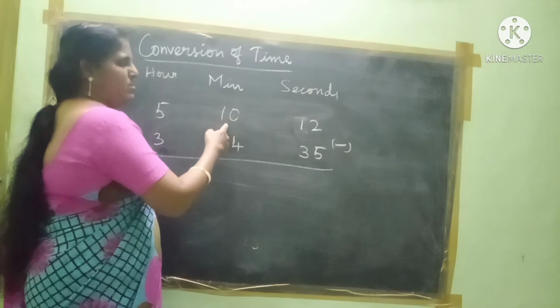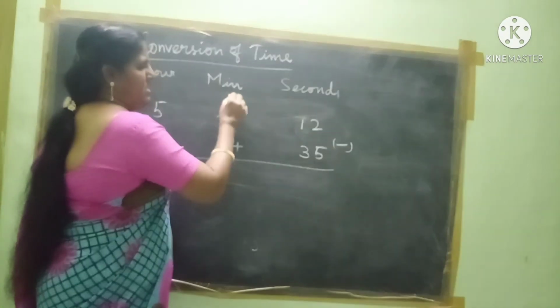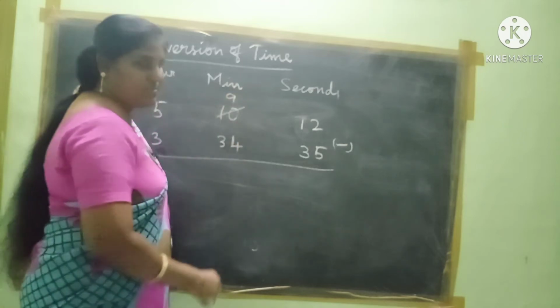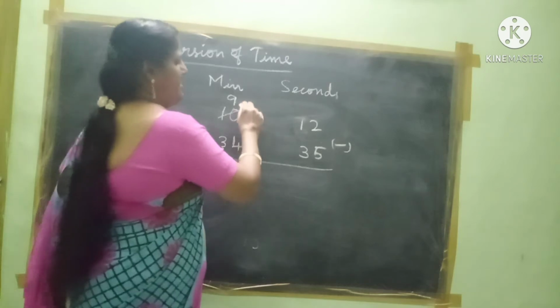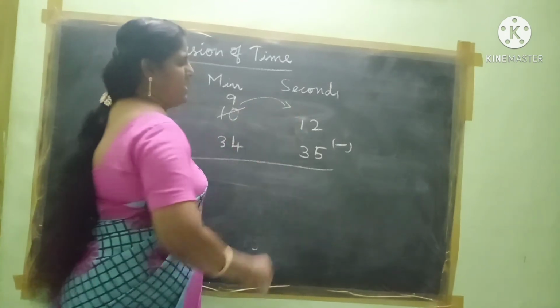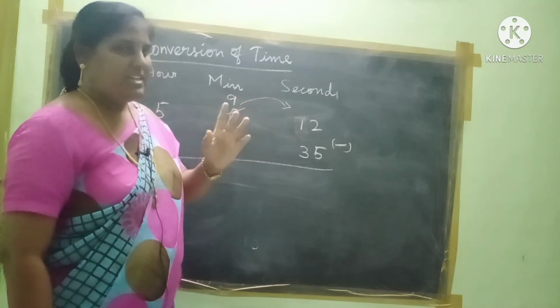How many minutes are there in total? 10 minutes. If you give 1 to the next one, it will become 9 minutes. Now, when 1 minute comes here, 1 minute makes how many seconds? 60 seconds.